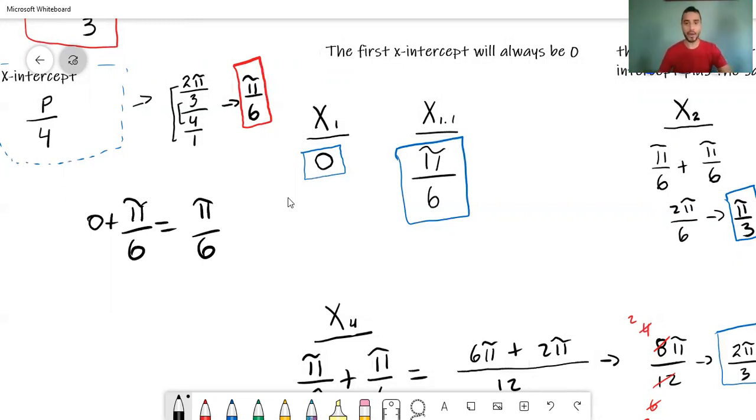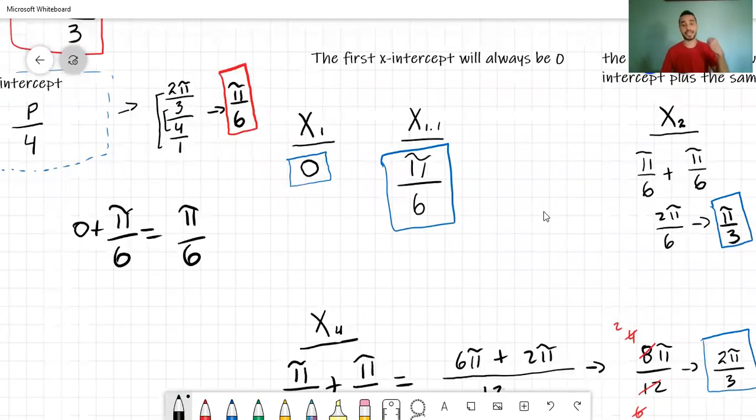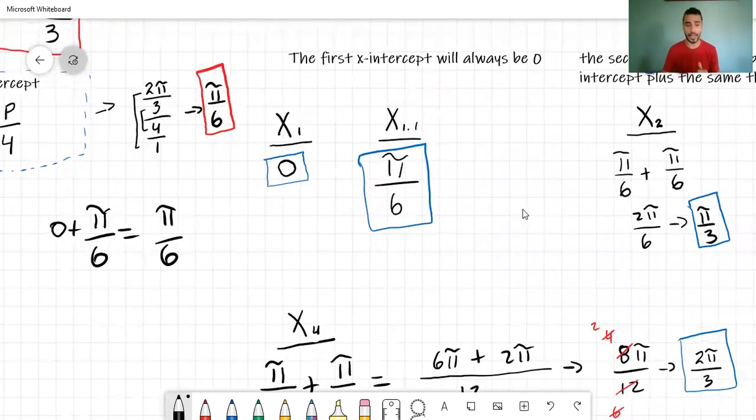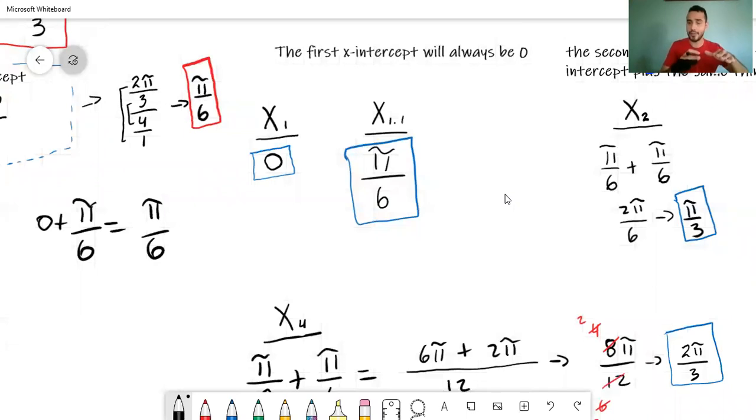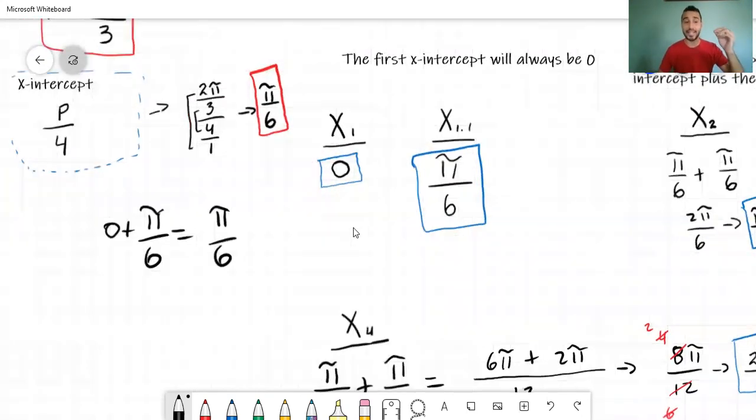Now, how am I going to find my second x-intercept? Very easy, guys. The process is going to be very repetitive. We're going to repeat the same process. We're going to add my previous intercept, which is pi over 6, plus the result I got when I divided my period by 4, which is pi over 6.